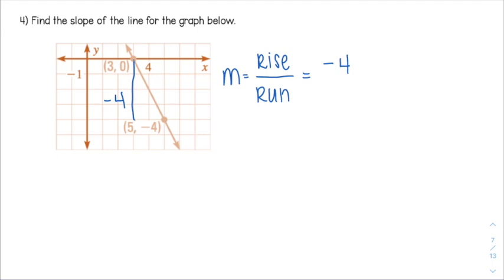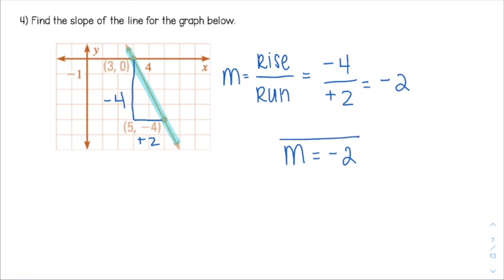And then I'm going to the right, 1, 2, adding 2. So then I get negative 4 divided by 2 is negative 2. So my slope would be a negative slope, and if you notice, it is going from left to right, going down. It's decreasing, so that's how you get your negative slope of 2, negative 2.